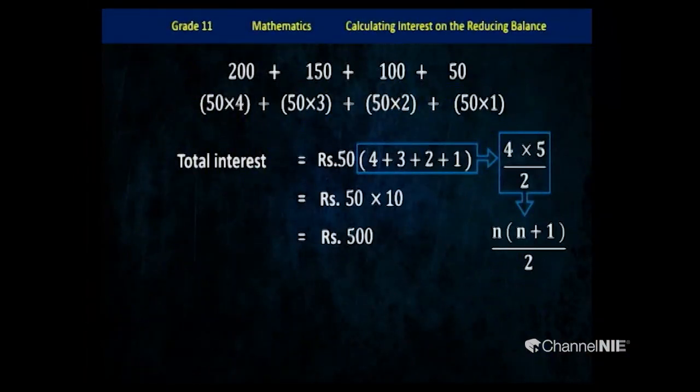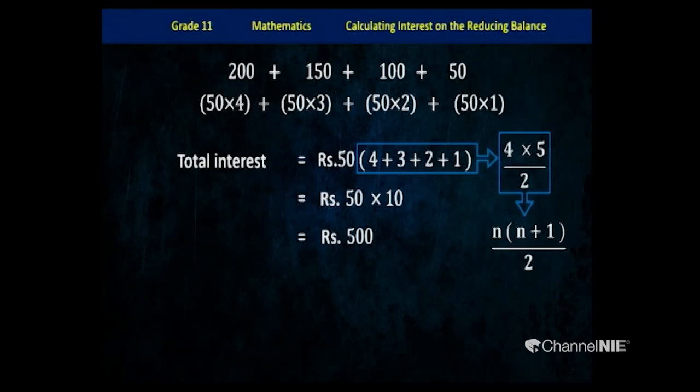Now, look at this formula. n into n plus 1 divided by 2. I think this formula is familiar to you. The formula to find triangular numbers. n into n plus 1 divided by 2. Now here 1 plus 2 plus 3 plus 4. There are 4 terms.